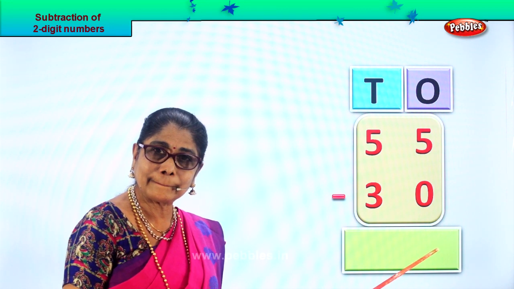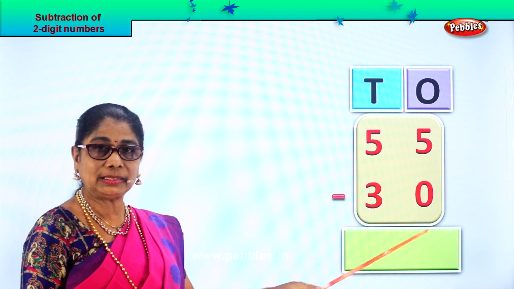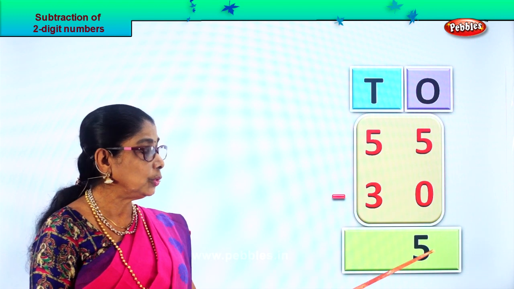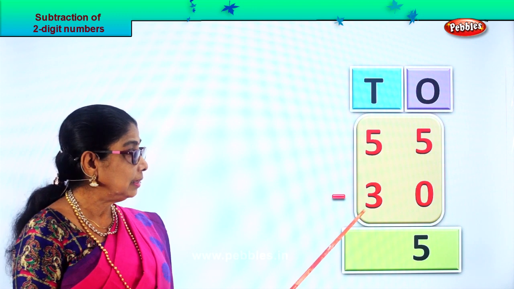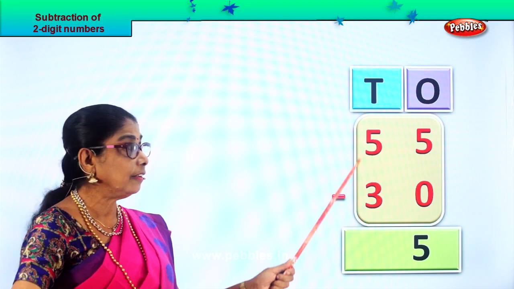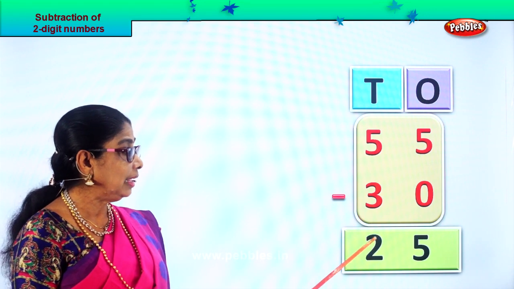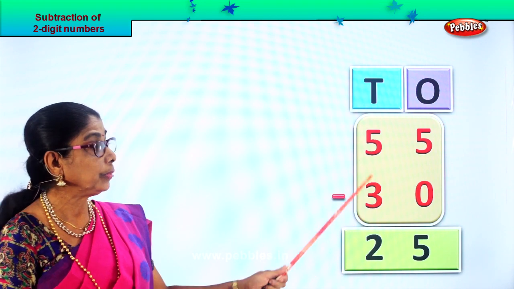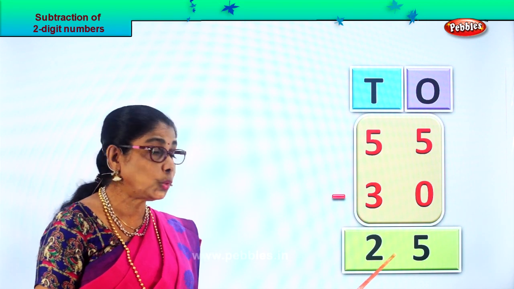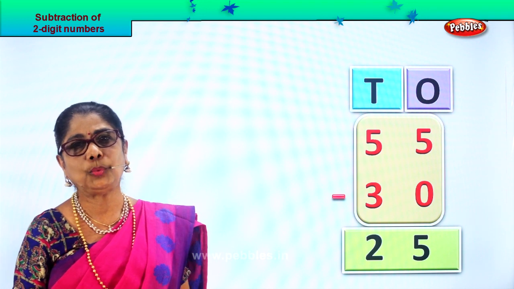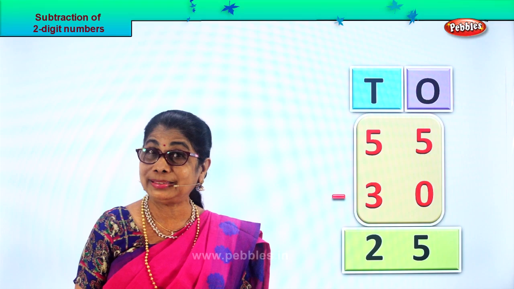So we write 5 here in the ones place. 5 minus 0 is 5 itself. 5 minus 3 is, 3, 4, 5, 2. 5 take away 3, you get 2. So 55 take away 30 gives you the answer 25. That is 2 tens, 5 ones. Did you enjoy subtraction of two-digit numbers? Good.